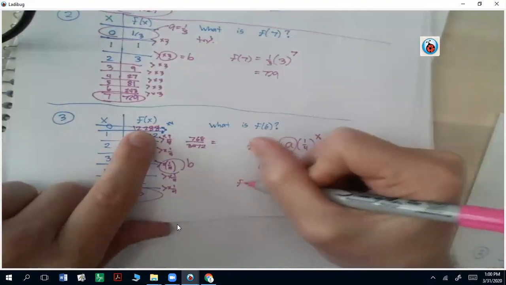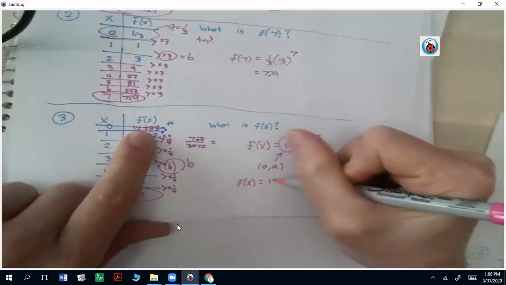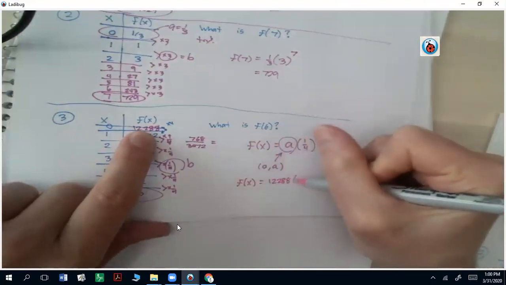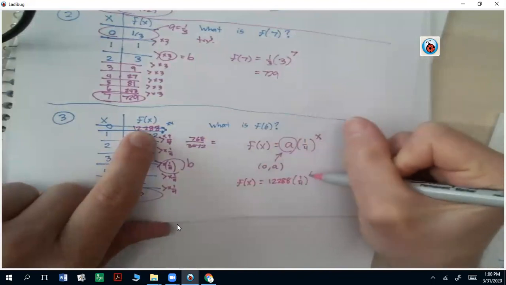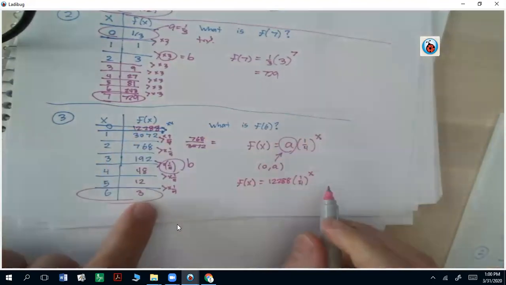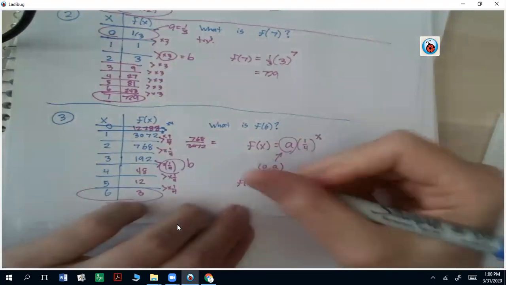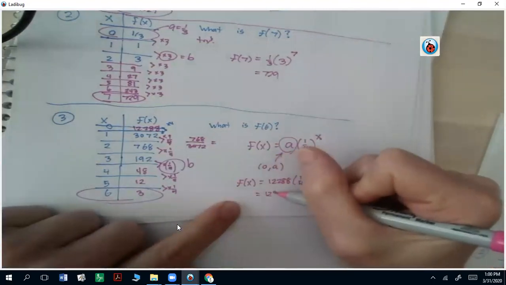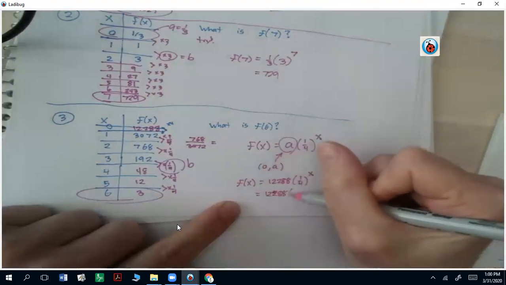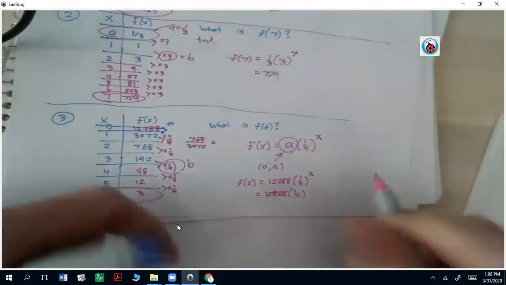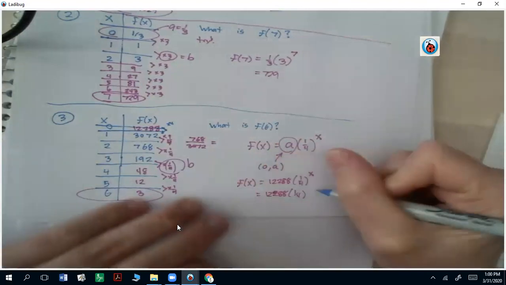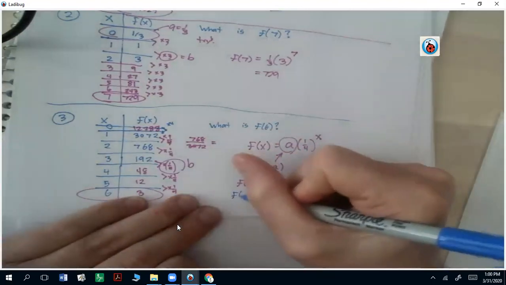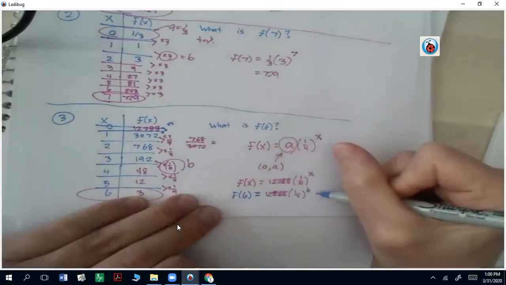So your final function is going to be f of x equals 12,288 times 1/4 to the x power. And if we plug in 6, that should get us 3. So 12,288, parentheses 1/4 to the 6th power is going to be f of 6.